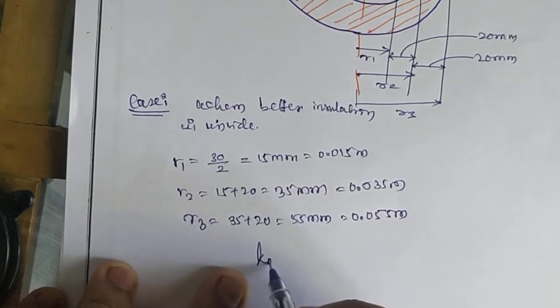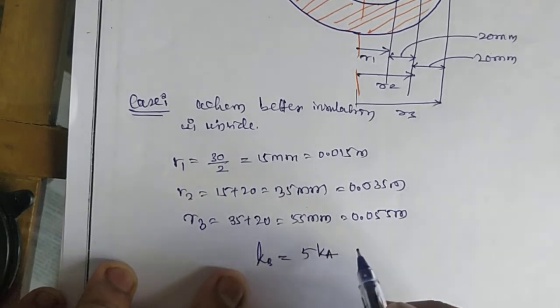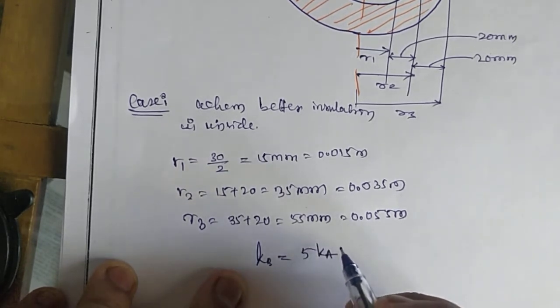Now we write that Kb is 5 times Ka, the thermal conductivity of the other material.